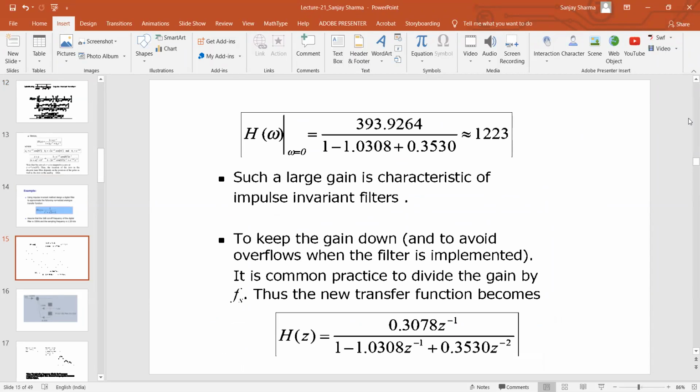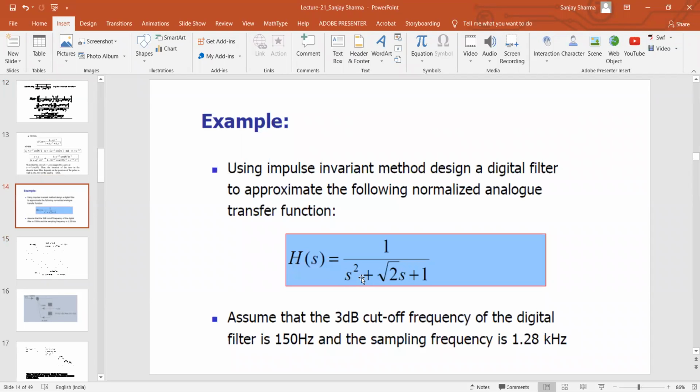All right, you know that this is the normalized transfer function. How to denormalize the transfer function? In my previous lectures, I told you how to get the denormalized transfer function. Replace every s with s by omega c. What is omega c here? This is 150 Hertz.